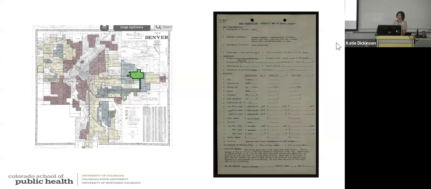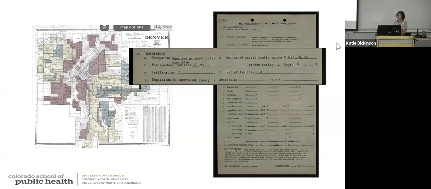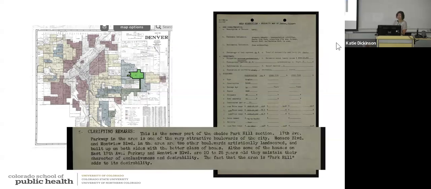And so what we're looking at here is Park Hill, the Park Hill neighborhood, okay? So no foreign-born families, pretty high for this time, estimated income, et cetera. And then there's this block at the bottom where people could write in the descriptions, right? And kind of justify how they were rating each area.